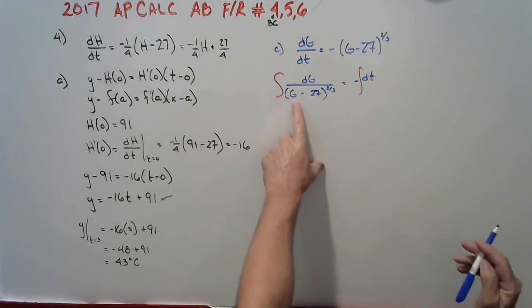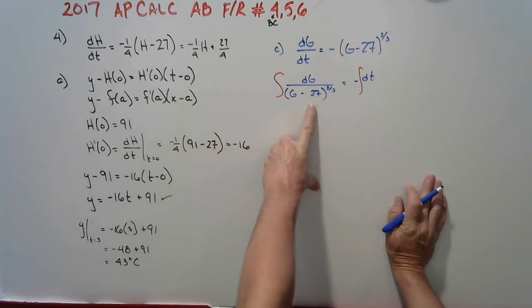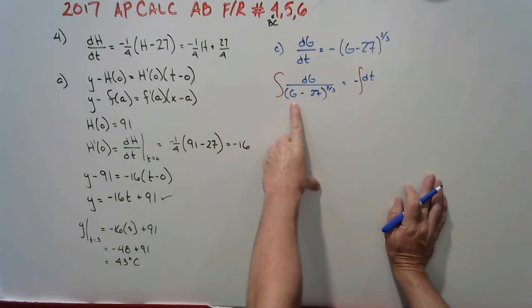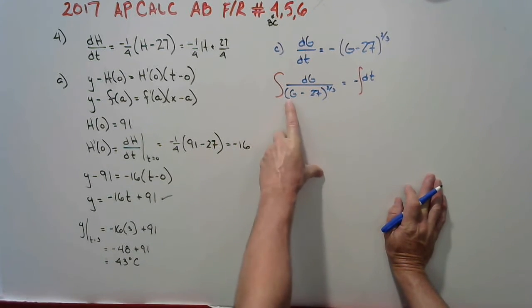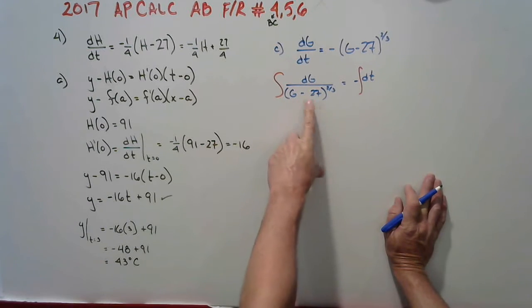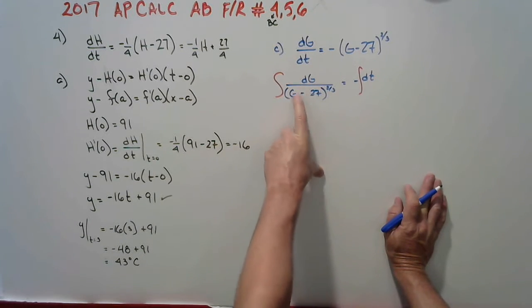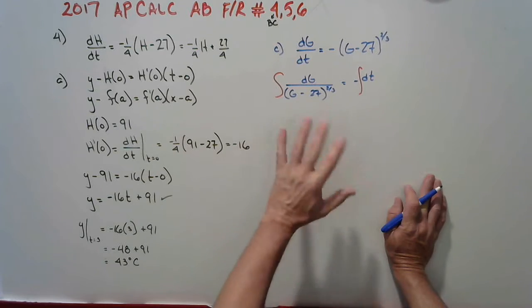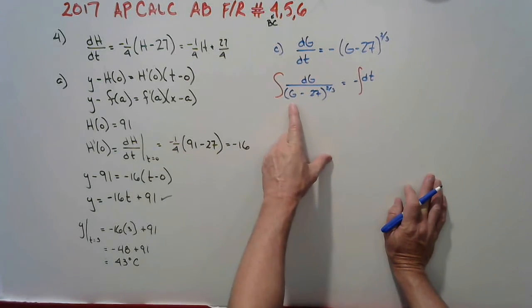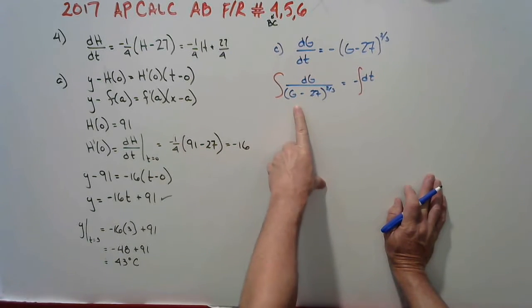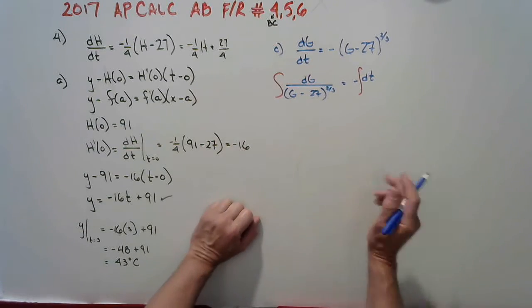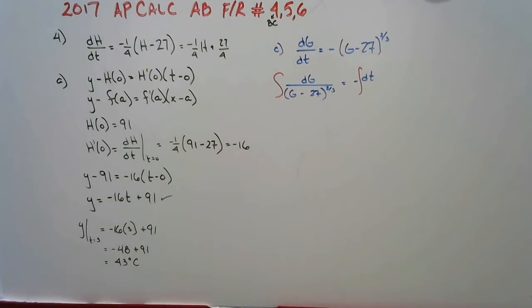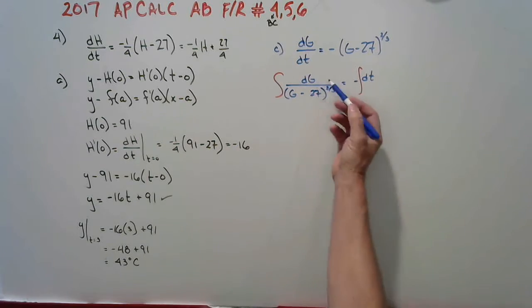Over here, what do we get when we integrate this? We could do a u sub, but since there's g to the first power here and no coefficient, when you do a u sub with a g to the first and a coefficient of 1, you just get dg equals du. So you can do this just by inspection. In other words, you can integrate this.